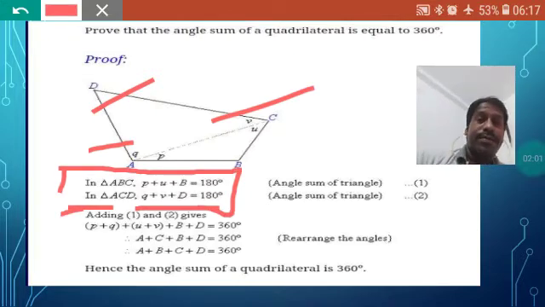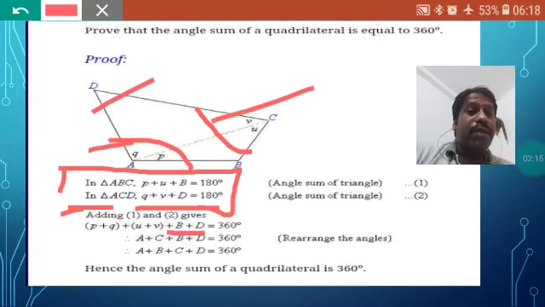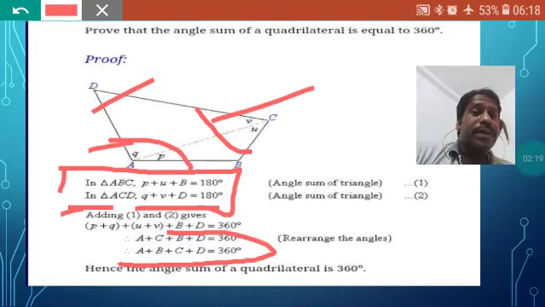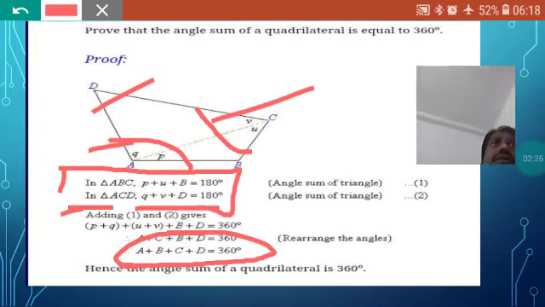We added both and found that P plus Q means angle A, U plus V means angle C, and angle B and angle D are already there. So A plus B plus C plus D is equal to 360 degrees. Clear? So in any quadrilateral, whether it is a rectangle or a rhombus or a kite, the total sum is 360 degrees.